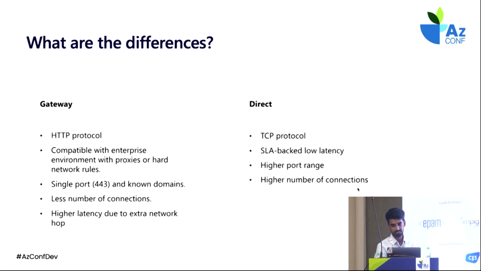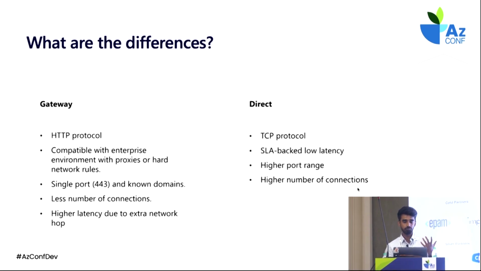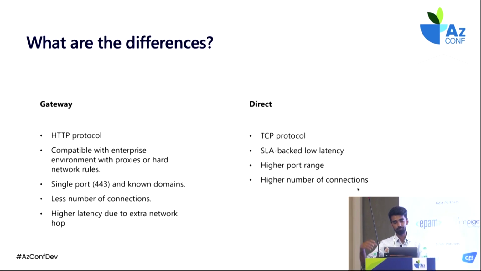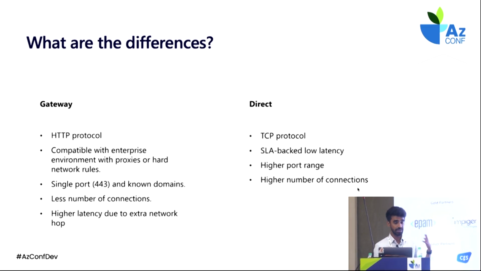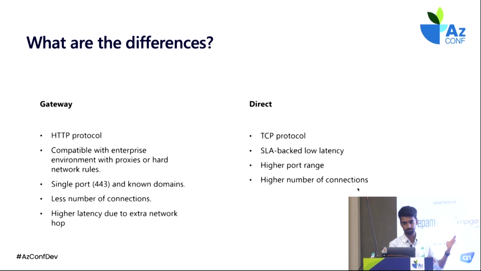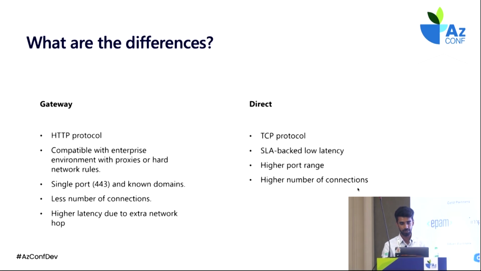The number of connections is, I would say, lower because we eventually use TCP behind the scenes to issue those requests to the replicas. Also, gateway causes higher latency because, as I mentioned, there's a middleman, the gateway component, that sits between your application and our backend replicas.